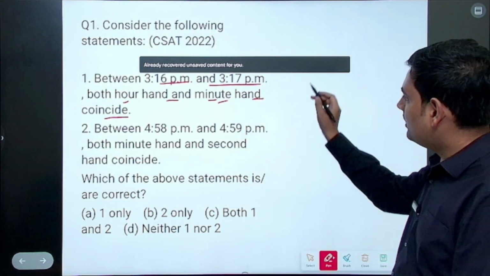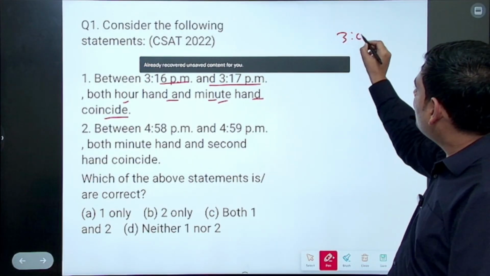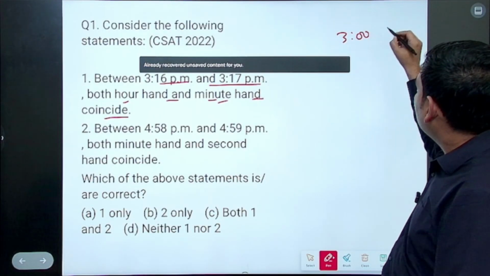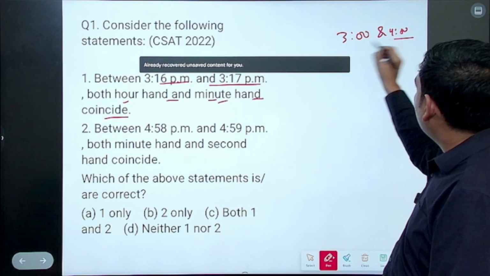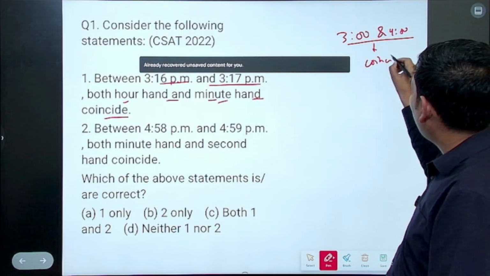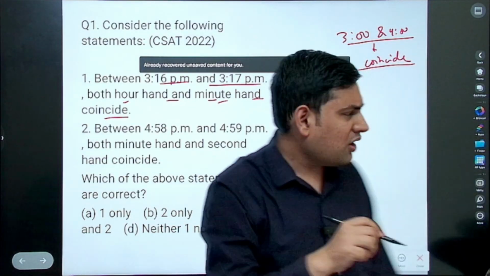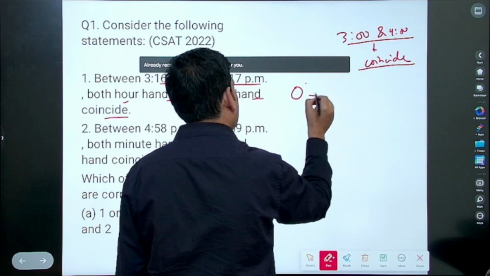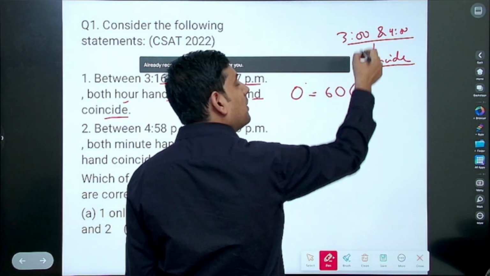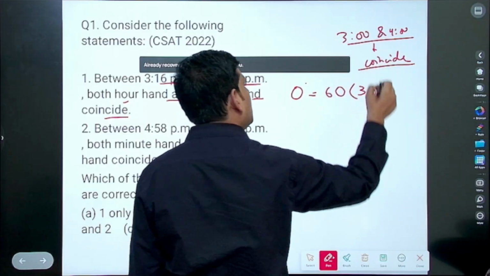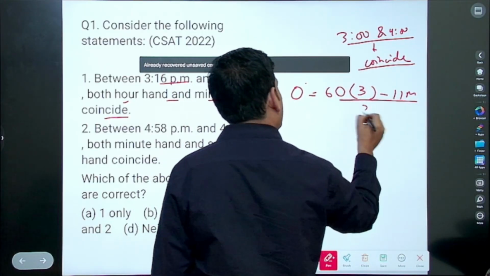So how do you do this? Basically, ultimately, you are asked to find between 3 and 4, when do they coincide? Correct. Fairly easy to do. How you will do? Angle is equals to 0 degree, 60 H, where 3 hours have completed between 3 and 4, minus 11m by 2.